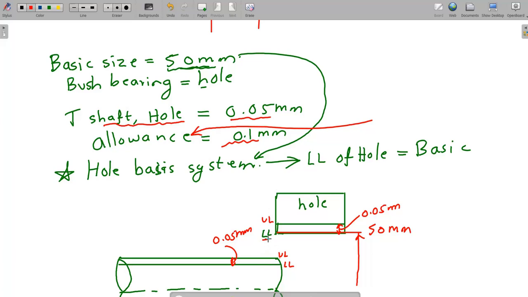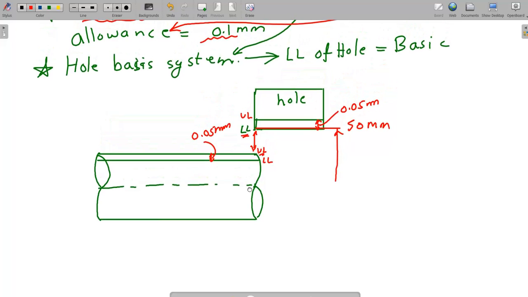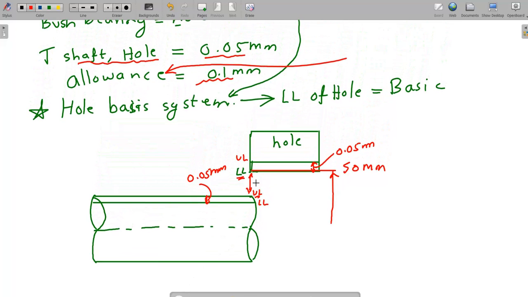If I do lower limit of hole minus upper limit of shaft, definitely I will get this distance. That particular distance is called allowance, and it is given as 0.1 mm. So this much data is given.